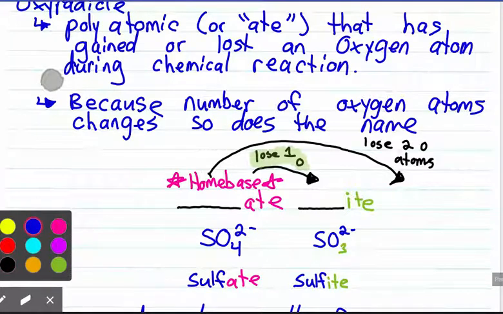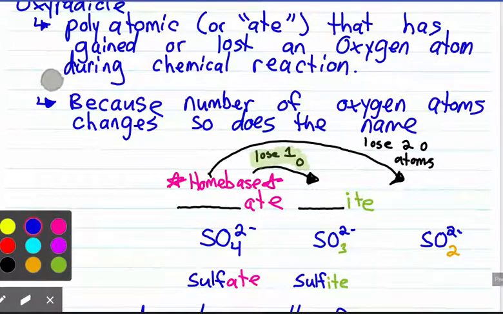Again, we still have S and O, but because we went from 4 and lose 2, we end up with 2 oxygens, and we still keep the 2 negative charge here.